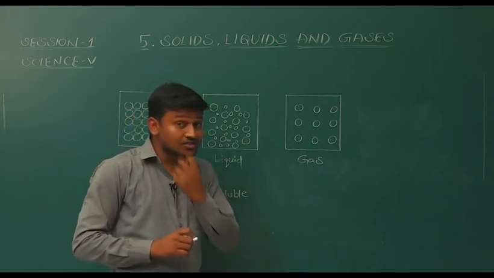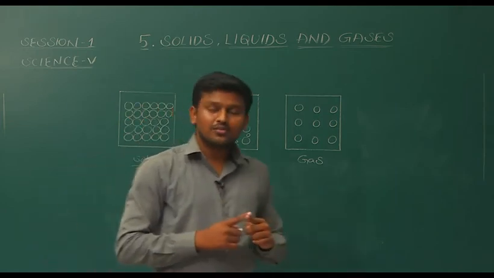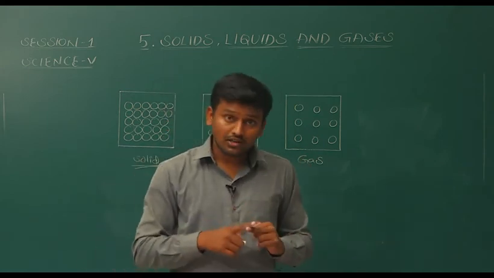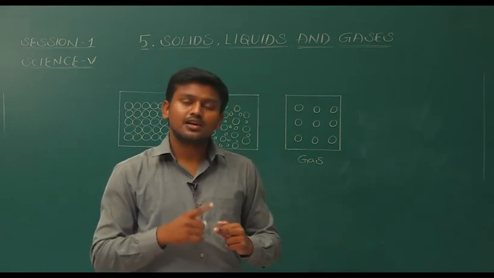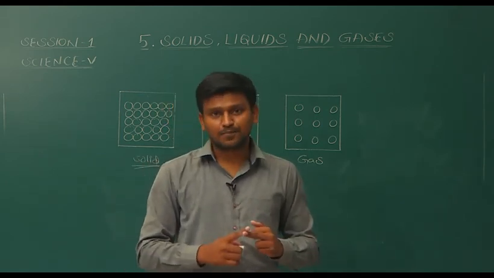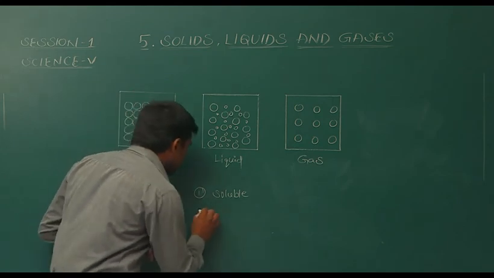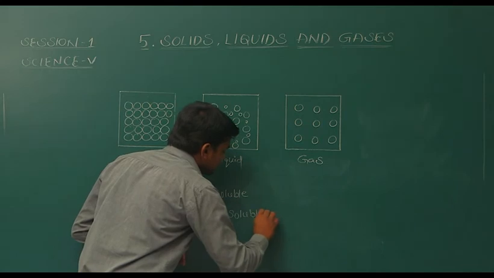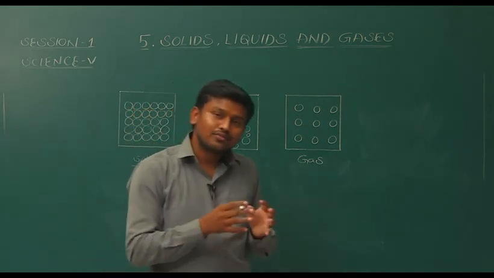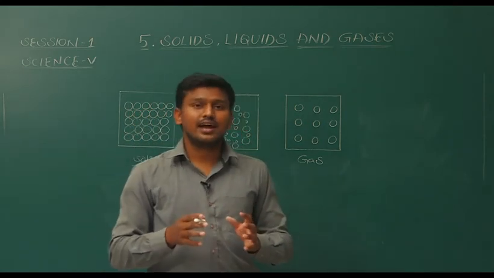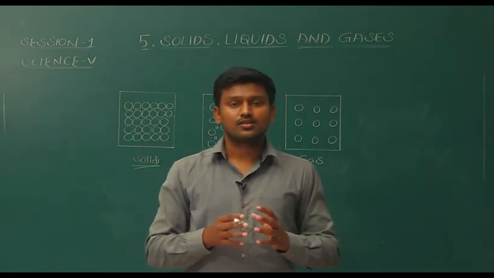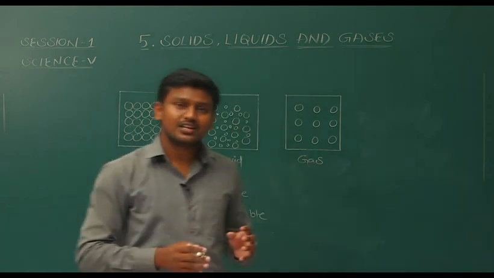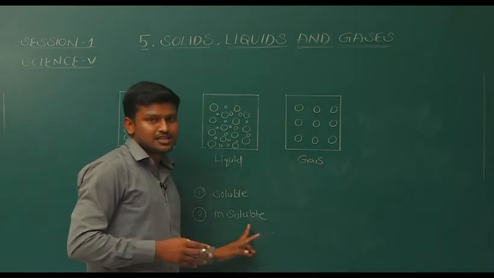What are the examples of soluble substances? Sugar is a soluble substance, it can be dissolved in water. Salt is also a soluble substance. Now, what is the meaning of insoluble? Substances which cannot be dissolved in water, for example sand and stones, do not dissolve in water, and we call these materials insoluble substances.